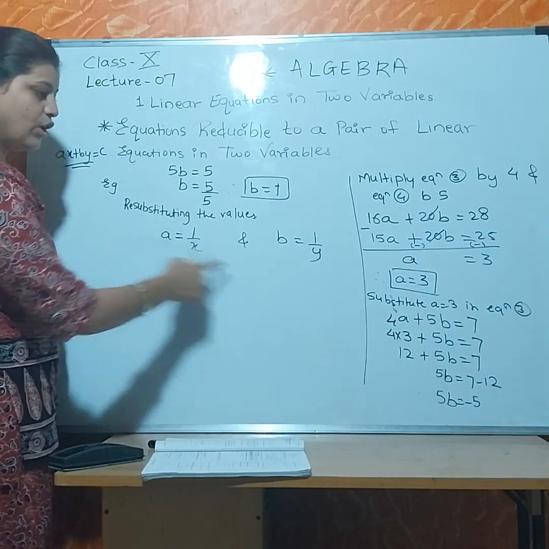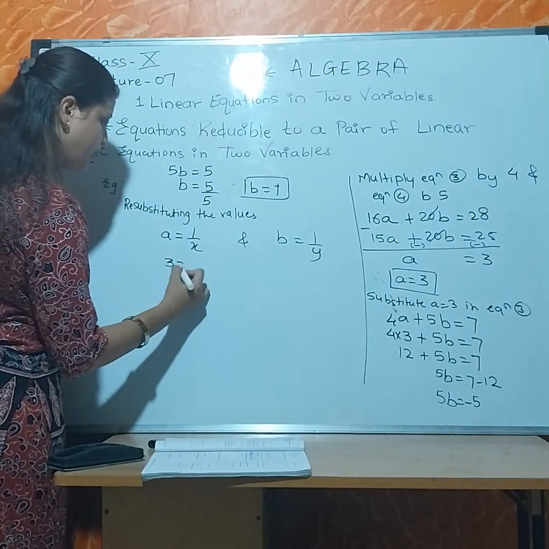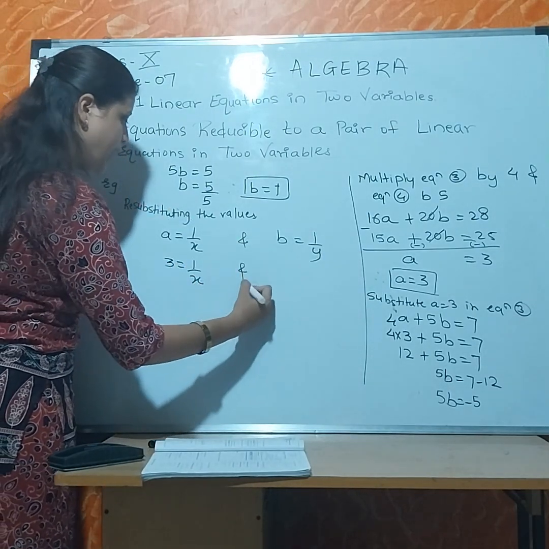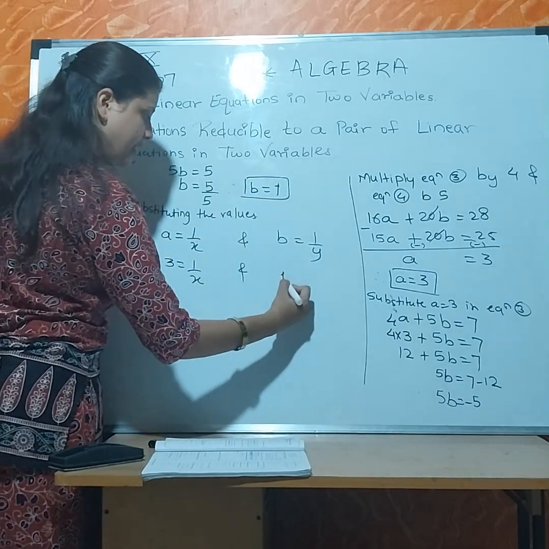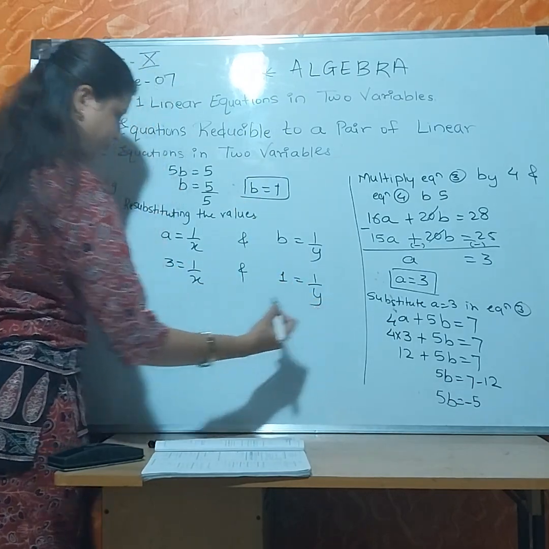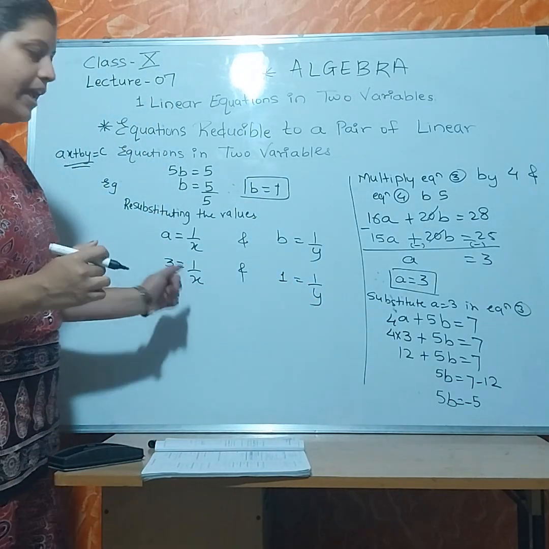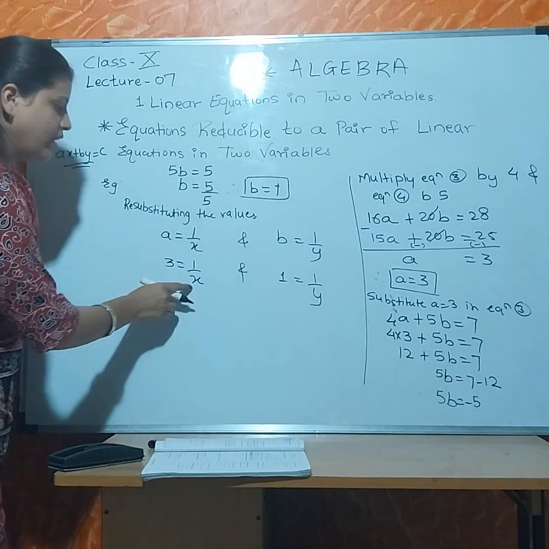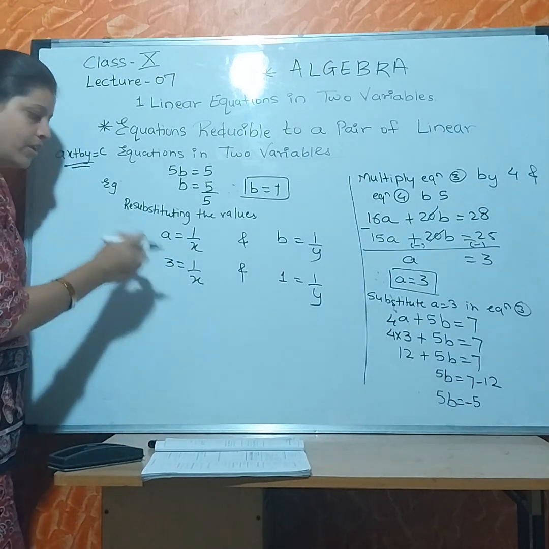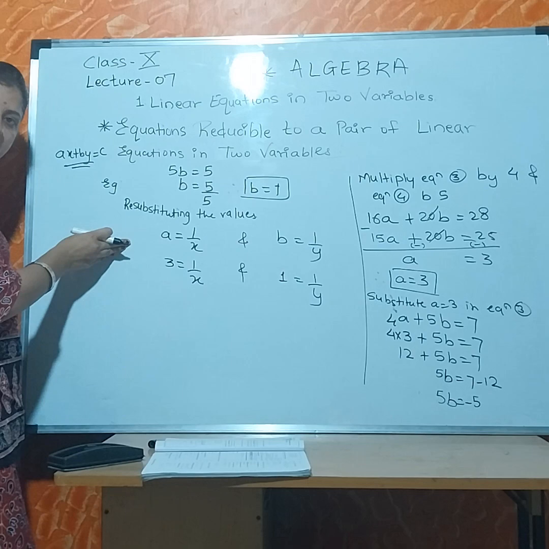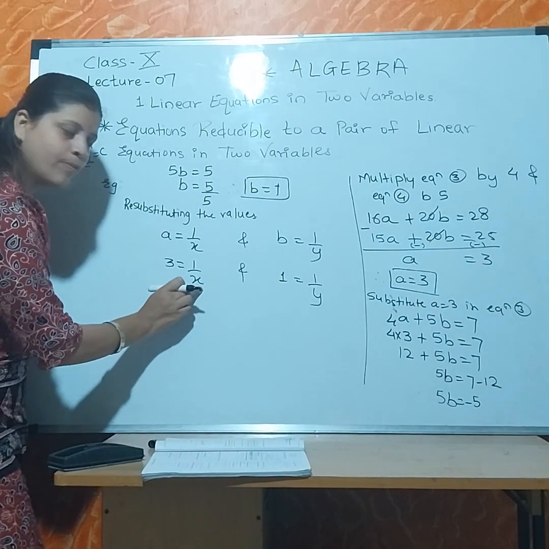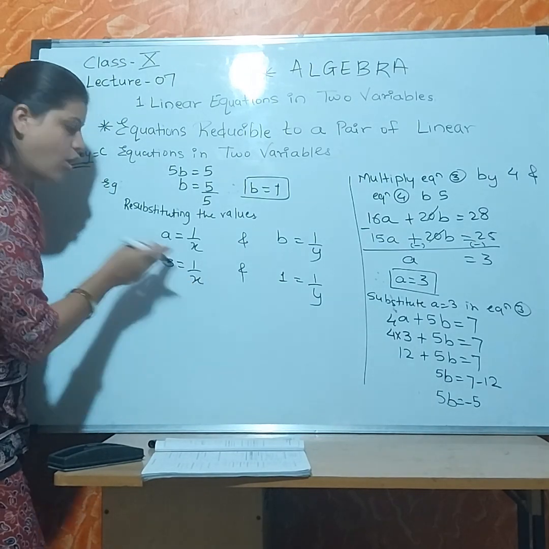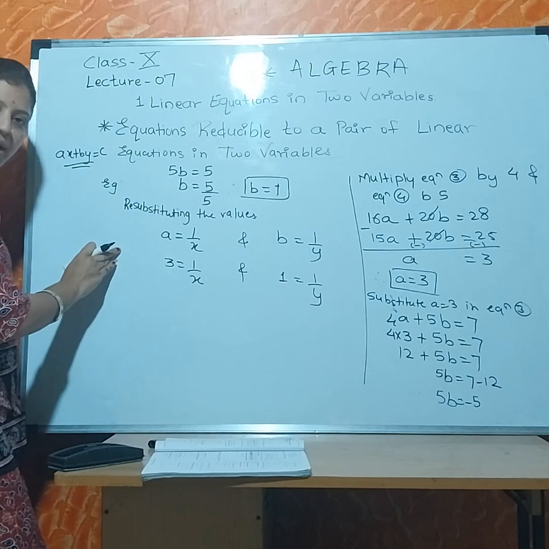That means, what is the value of a? 3 is equal to 1 upon x. And what is the value of b? Minus 1 is equal to 1 upon y. We have to find the value of x. Now, if we want this x in the numerator, we have to take x to this side. Here it is in the form of division, so if we take it to the opposite side, it will go in the form of multiplication.